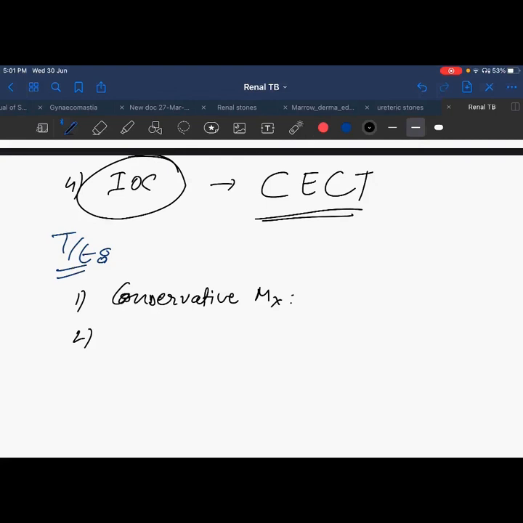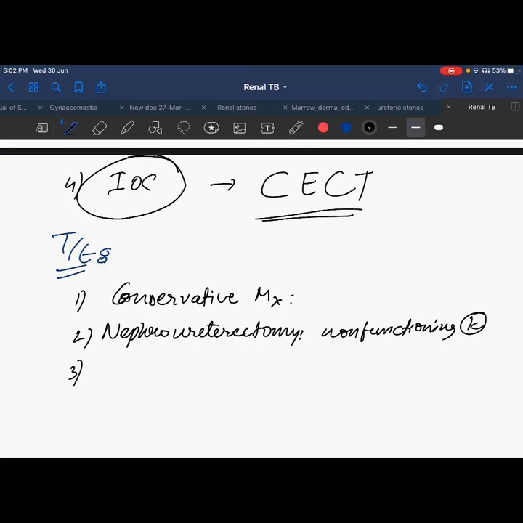That is the conservative management. Next, nephroureterectomy. It means nephro and ureter both are removed.